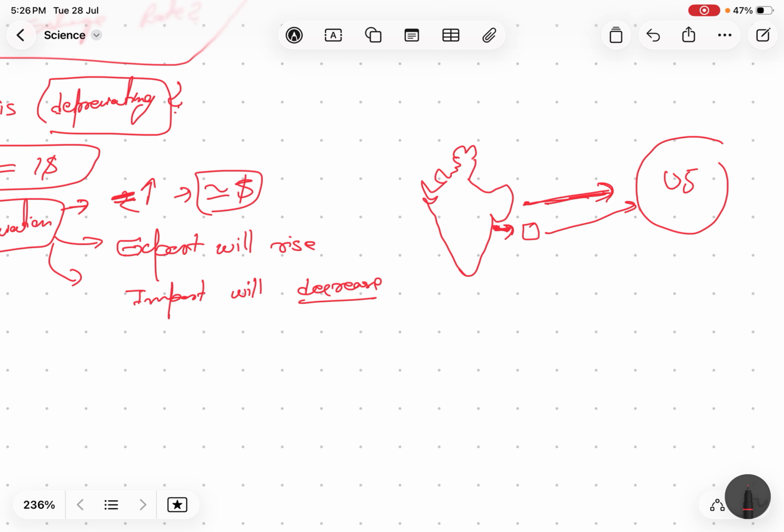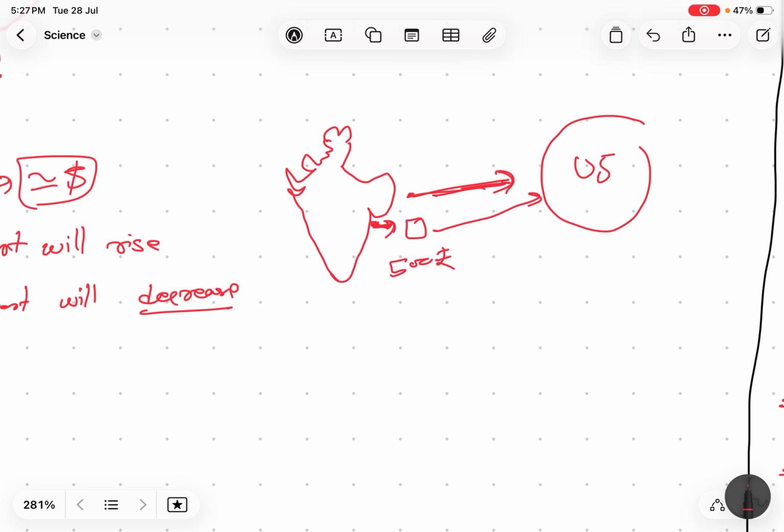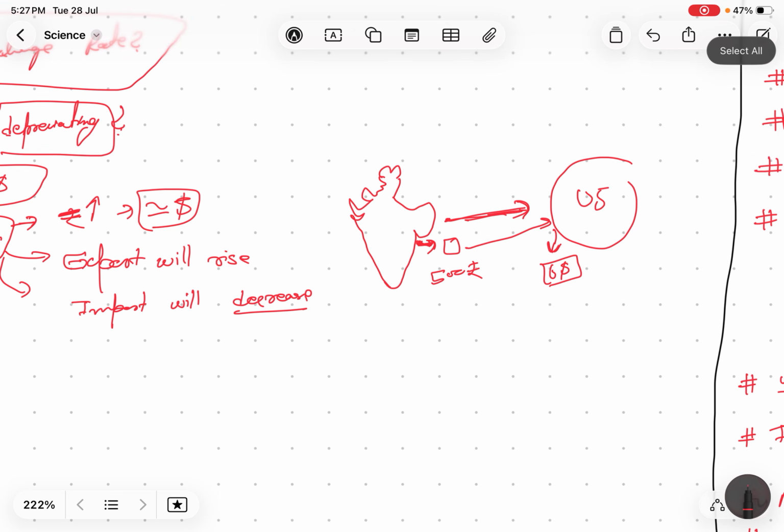When we are exporting in India, it is, for example, 500 rupees, and for 500 rupees, I'm simply assuming that earlier you had to pay $6 in the US if you wanted to buy this mobile phone. And there is no tariff. In this condition, don't assume the tariff and non-tariff things. We will discuss that later, as that will make things more complex. Just simply understand how things work.